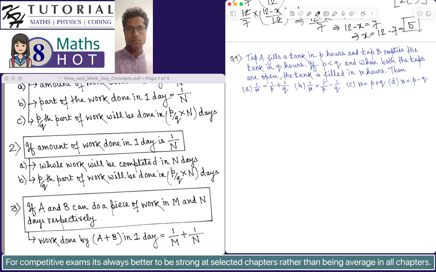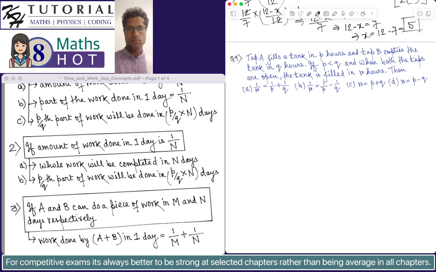Now tap A is an inlet, so it is filling the tank, and tap B is an outlet, it empties the tank. B empties the tank in Q hours and A fills the tank in P hours, and it is given P is less than Q. If P is less than Q, this means that tap A fills the tank in a shorter amount of time than B takes to empty the tank.